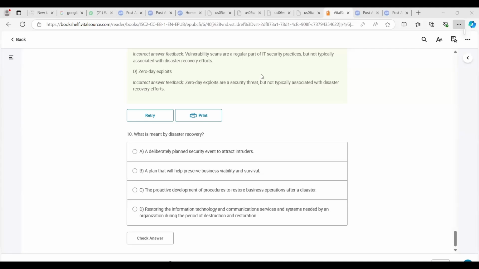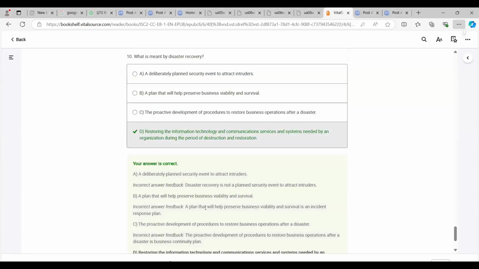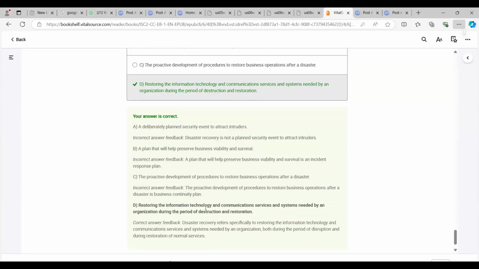Even if that's the answer, that explanation doesn't actually make it the answer. Disaster recovery, from the term, you can actually get the answer. It's normal English. So let's go for D, since we have more D. That's the answer, but I will not give you credit because of that explanation, because of the IT being there.